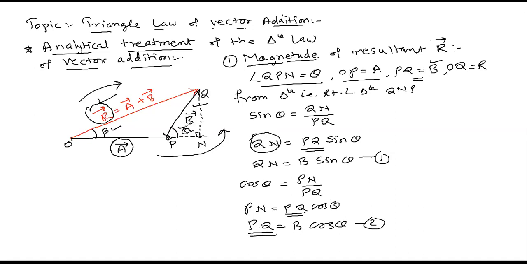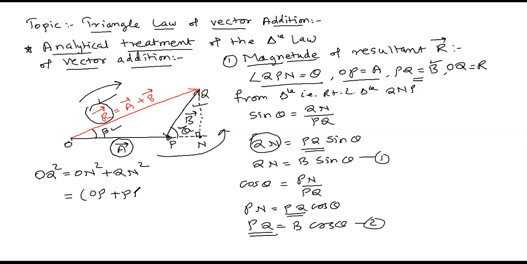Now, if I want to find the value of OQ, then simply I will use triangle OQN. This total is a right angle triangle. So I can write OQ square is equal to ON square plus QN square. I can write this ON as OP plus PN.